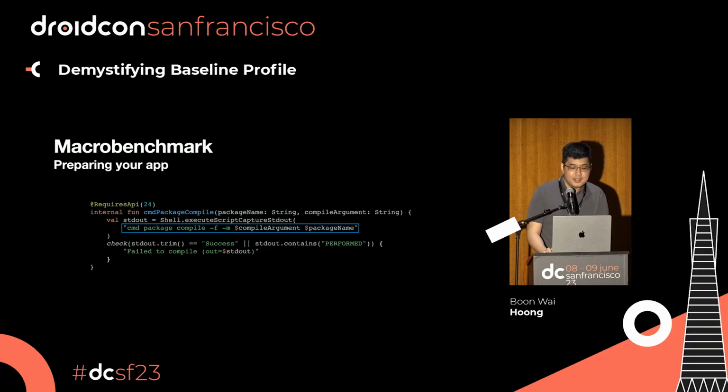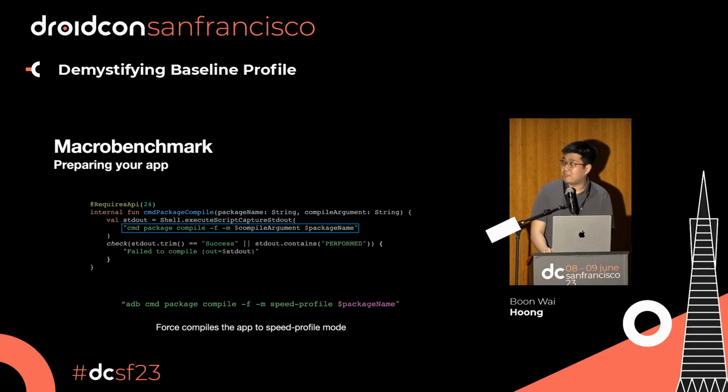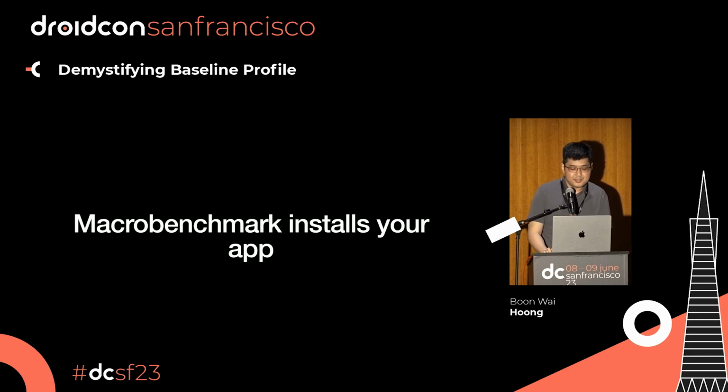So this basically translates into this command. This is an ADB command, and it does something called package compile. So what happens when you run this command over ADB? It basically forces the compilation of the app to speed profile mode. So this is quite important, and we'll talk about it more later.